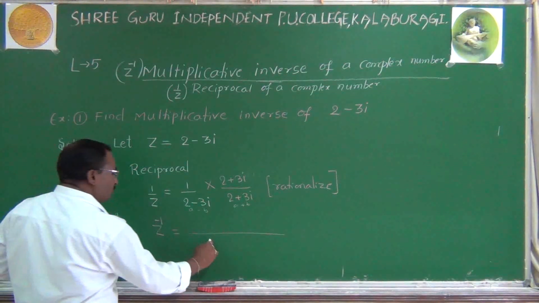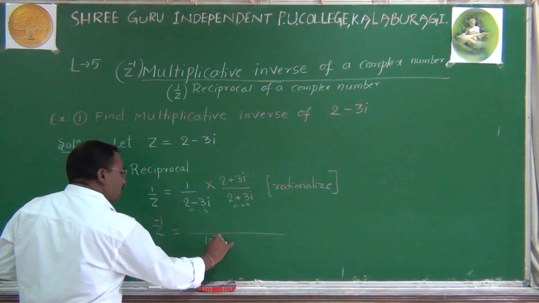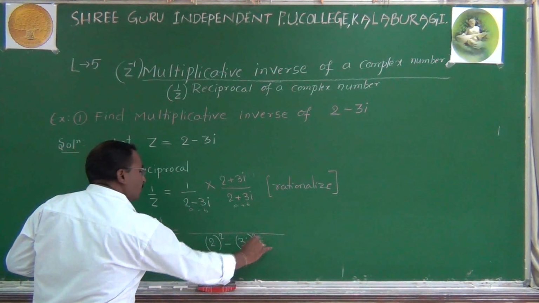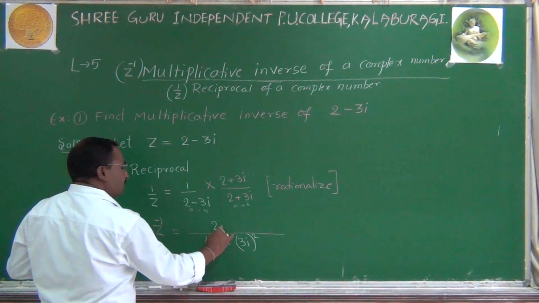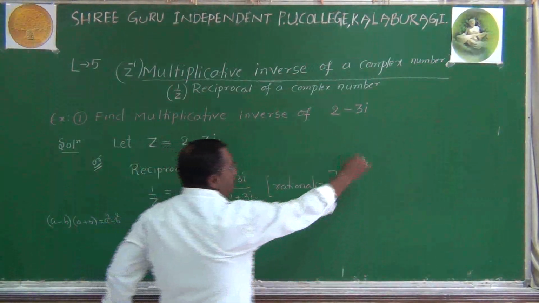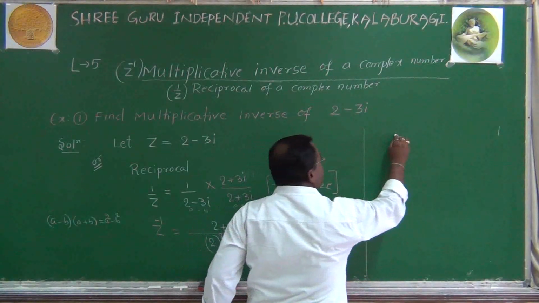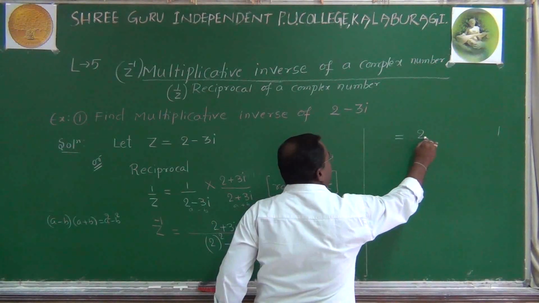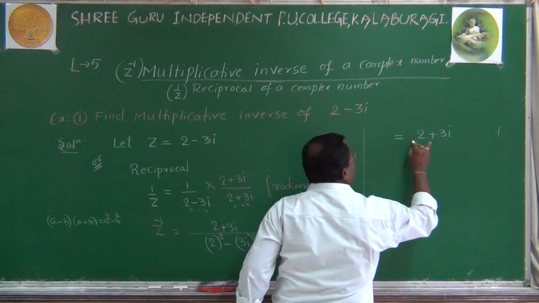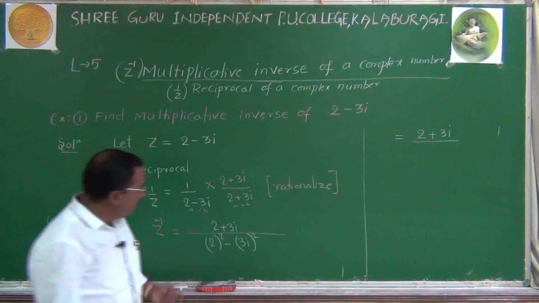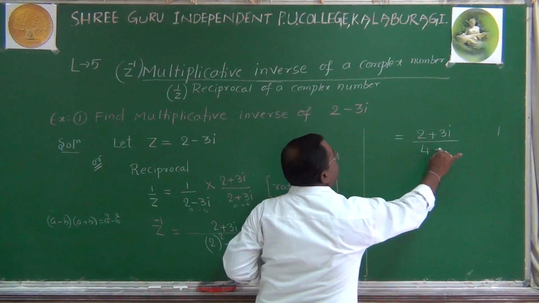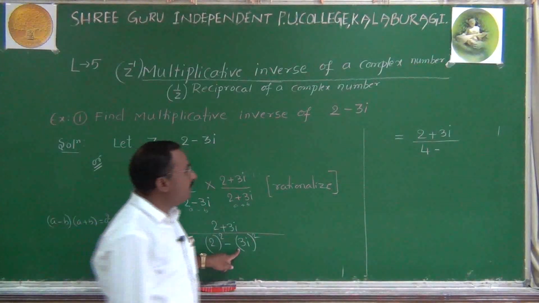A is what? 2 square, minus B is what? 3i whole square. Numerator 2 plus 3i, that is Z inverse, numerator 2 plus 3i as it is, divided by here 2 square 4 minus here 3i square.